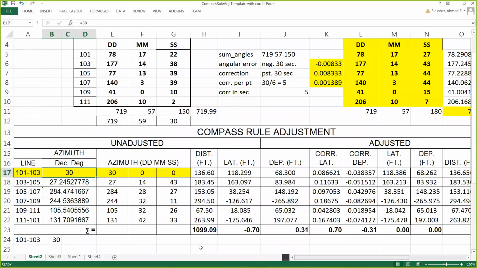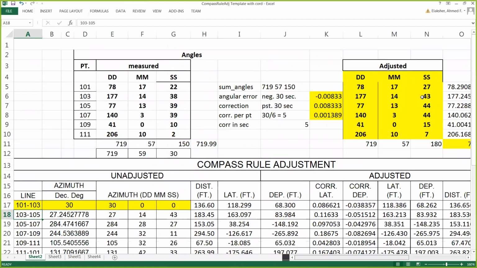Our next step is to compute the azimuths of all the other lines using the adjusted angles. I highlighted that or emphasized that. Do not use the measured. When you do the azimuths, use the adjusted angles.